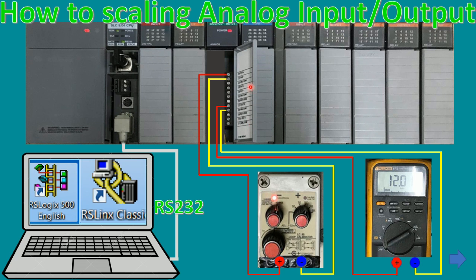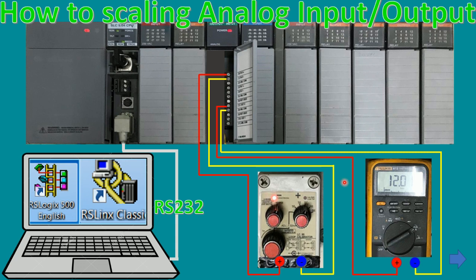So there are two channels for analog input, and there are also two channels for analog output for this module. So the wiring is very important. If we cannot wire it, we cannot test the module either. That's why I would like to explain how to wire it.